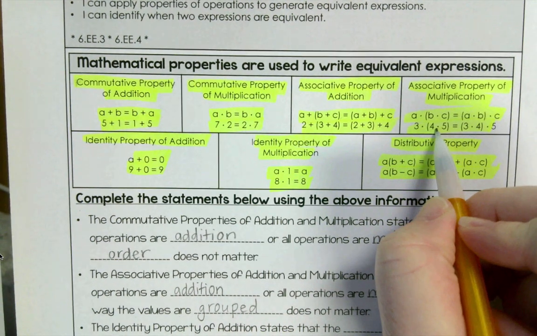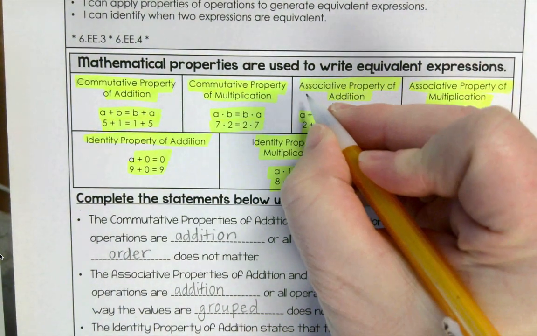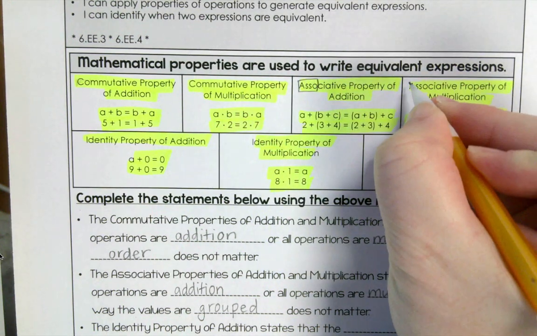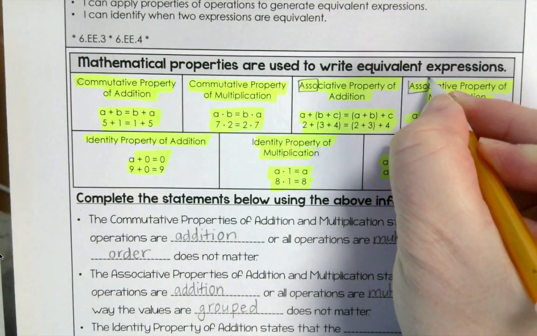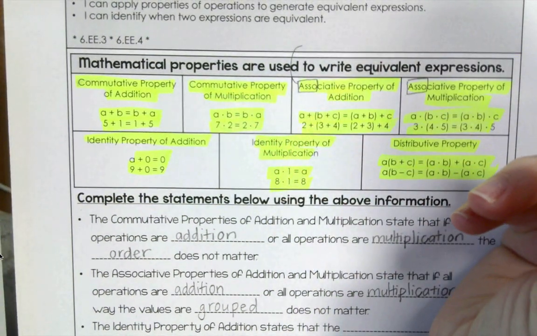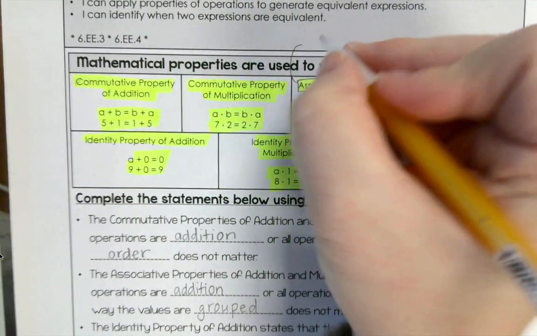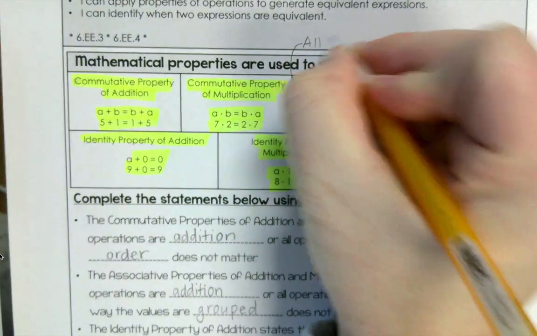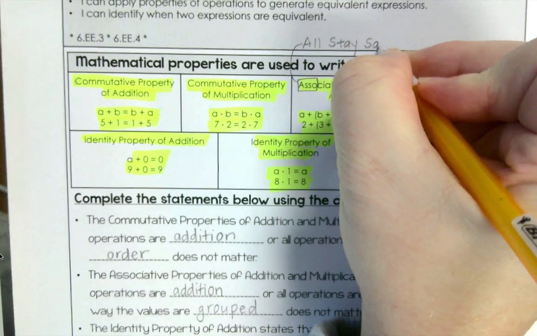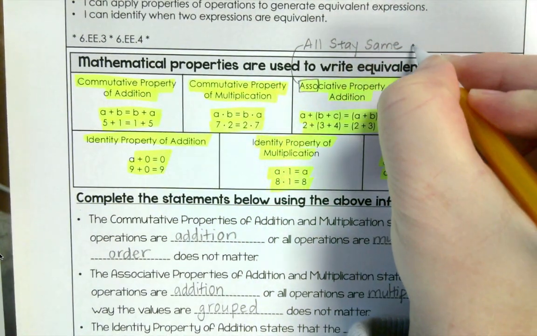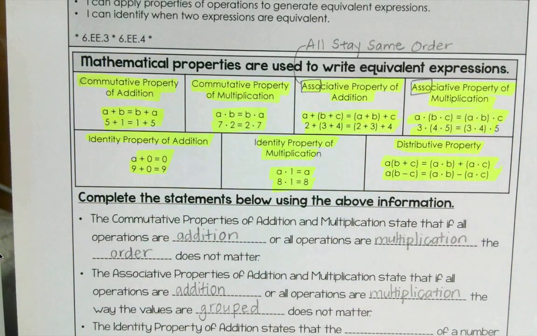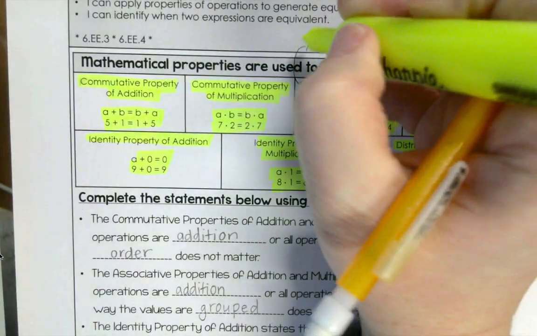But the biggest thing I teach people is ASSO. Put an arrow up here. All stay same order. ASSO.